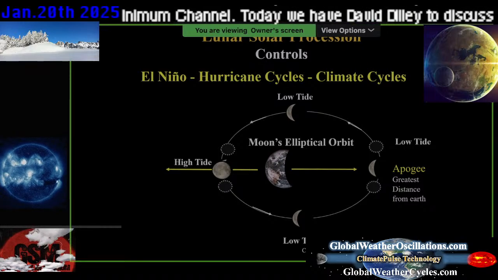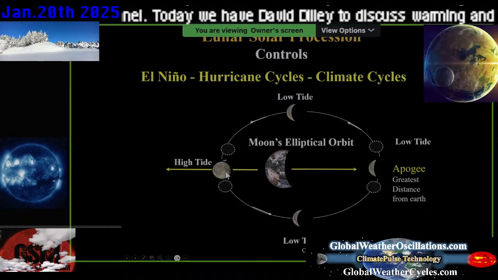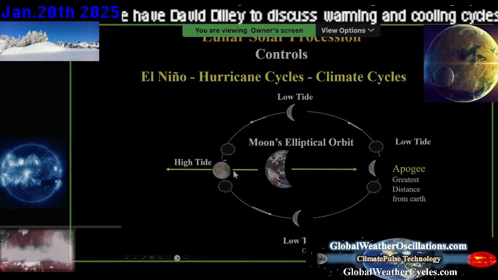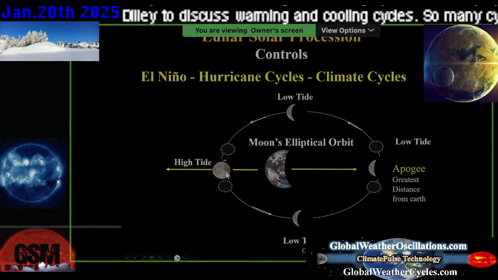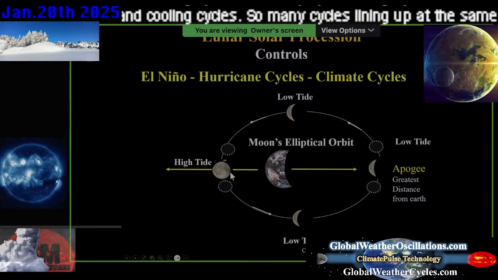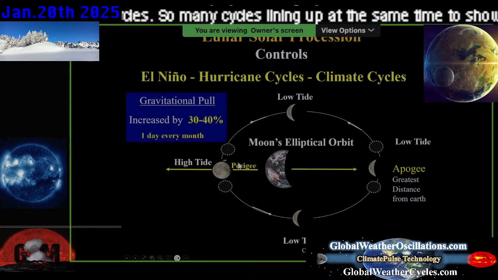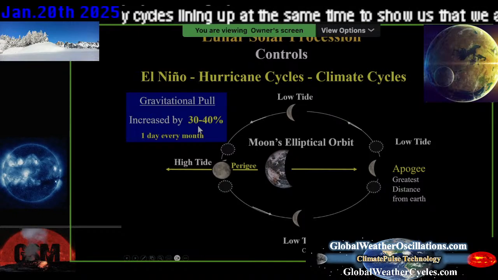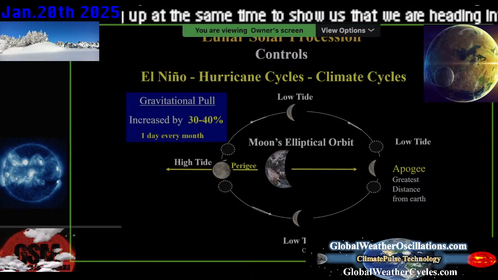These are all cyclical. So when the moon is closer to the Earth, this is why you get your big full moon during a month, and the ocean tides are higher. That's because gravitational pull is increased by 30 to 40%.